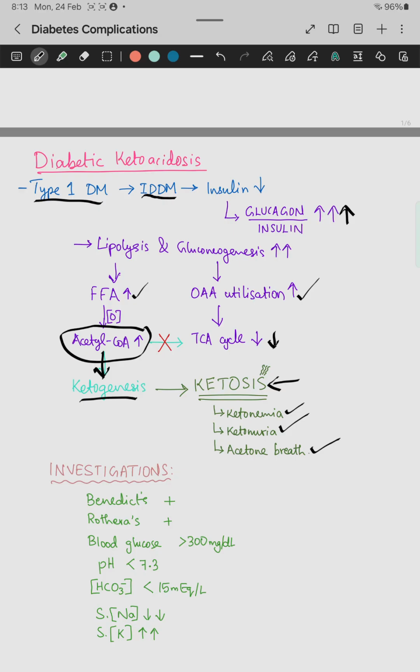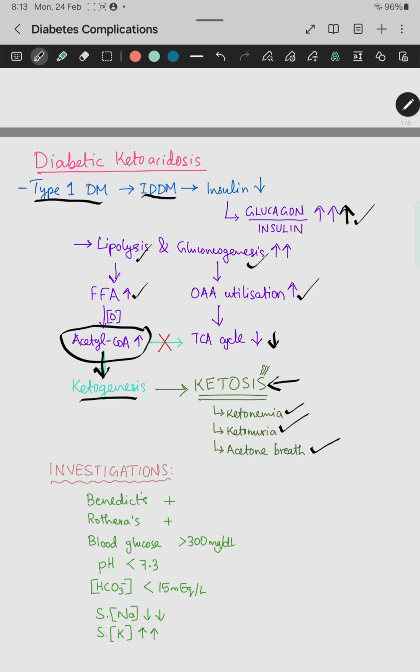So once again I'll repeat: diabetic ketoacidosis is seen in type 1 diabetes mellitus, in which insulin production is reduced. As there is less insulin in the body, the glucagon insulin ratio is increased very much. This causes lipolysis as well as gluconeogenesis.